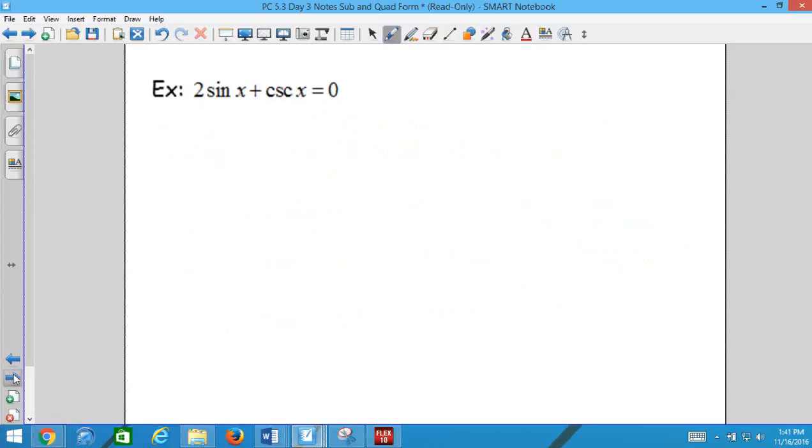All right, how about this one? What can we try first? All right, so we're going to do 2 sine x plus 1 over sine x. Oh, find common denominators.